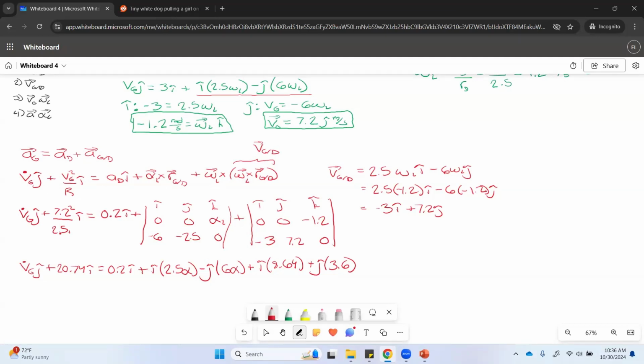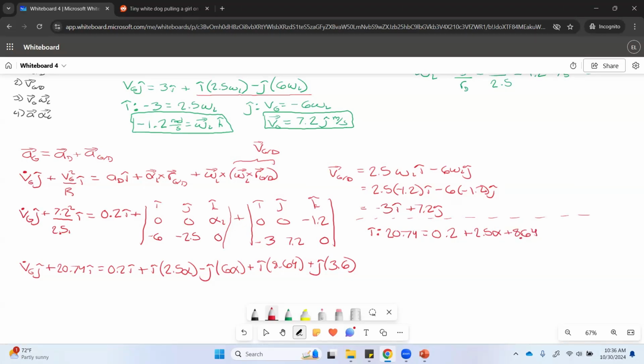We got two different equations. So in the I hat, we'll just take the pieces. We have 20.74 on the left equals 0.2 on the right plus 2.5 alpha plus 8.64.